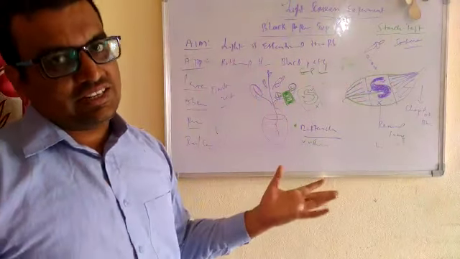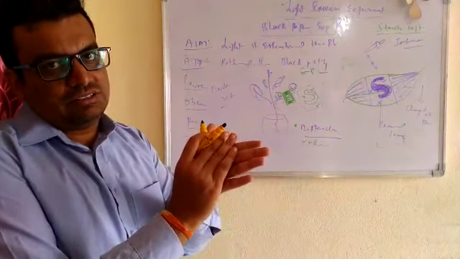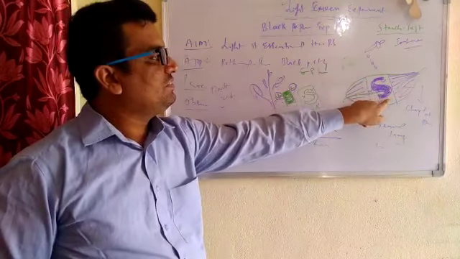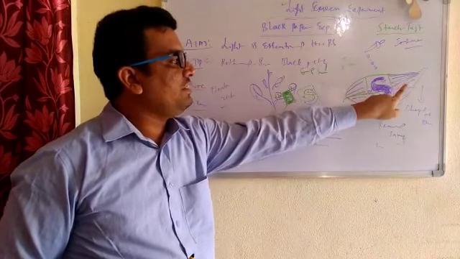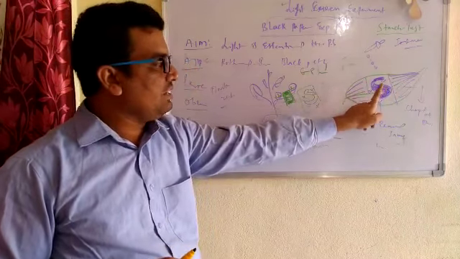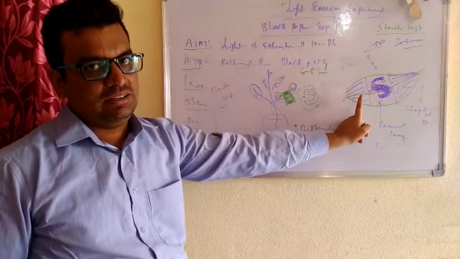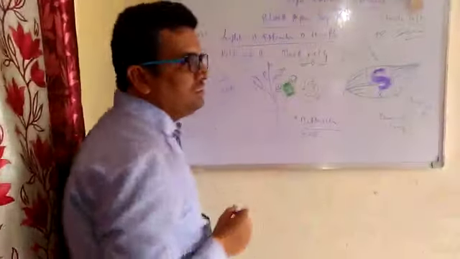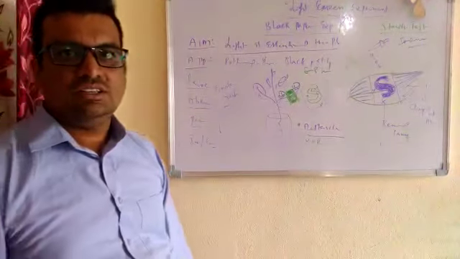Where light did not strike, where we have kept the black paper, this portion remains the same. This portion changed into blue black, this also changed into blue black. So like this, we can say light is important for photosynthesis. Thank you, children. Thank you very much.